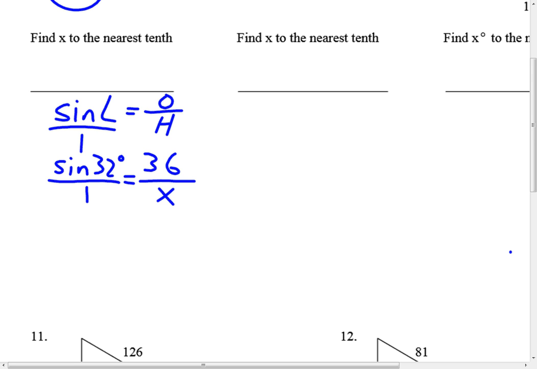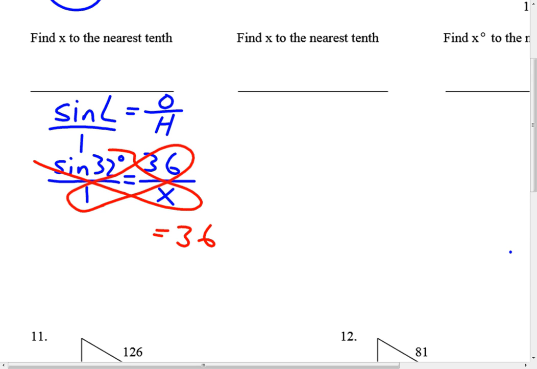If I cross multiply this, and that's why I put a 1 underneath, to make it look like a proportion. What's 1 times 36? What's anything times x? If I had 5 there, what's 5 times x? So I just put that in front of the x. I can't really do anything with it.